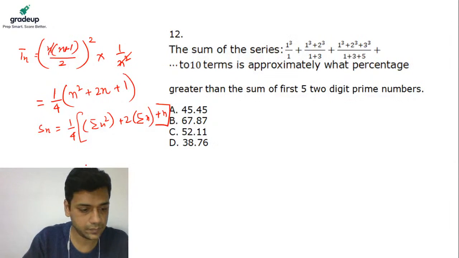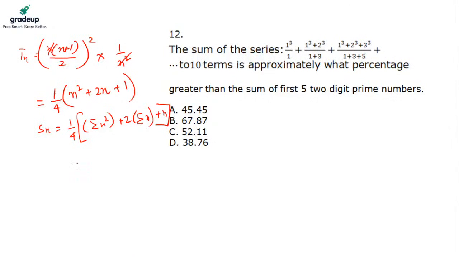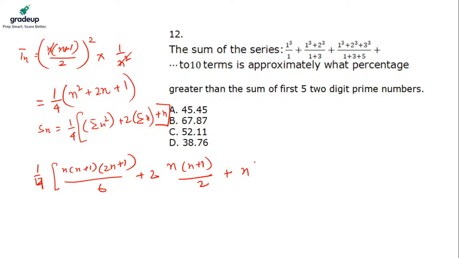Now, summation n square is n into n plus 1 into 2n plus 1 divided by 6, plus 2 times summation n, which is n into n plus 1 by 2, plus n.